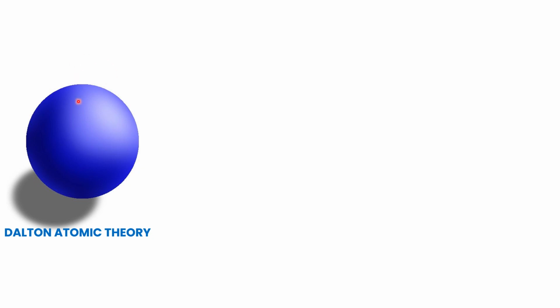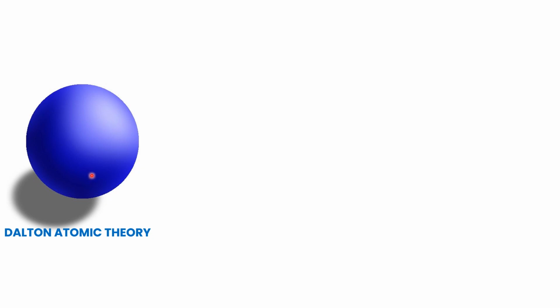According to Dalton's atomic theory, matter is made up of small particles, and these particles are the smallest and indivisible. They cannot be created or destroyed, and he gave the name atoms to these particles.